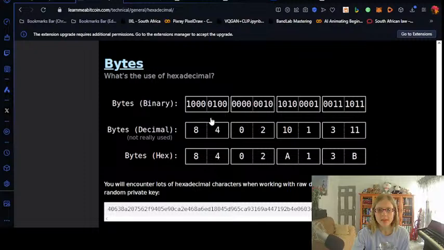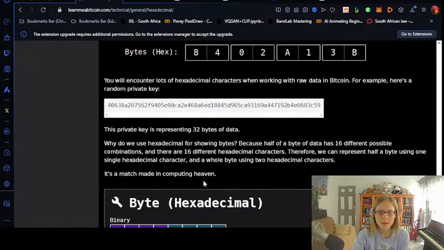Also take note that hexadecimal characters can take 4 bits of information, which is basically half a byte. A byte is 8. Half of 8 is 4. It can take 4 bits and represent it in one value. Okay. You will encounter lots of hexadecimal characters when working with raw data in Bitcoin.